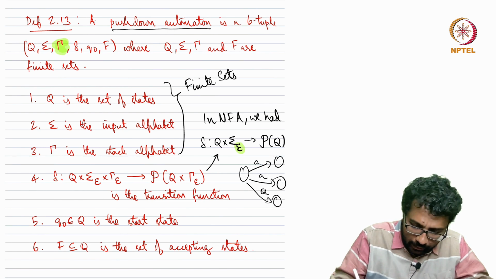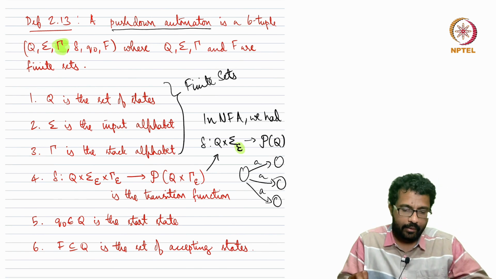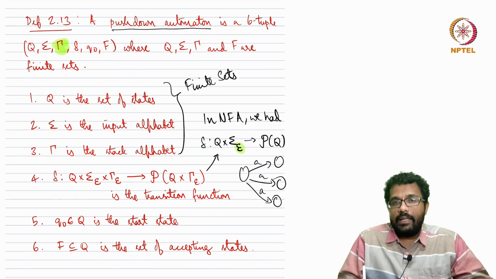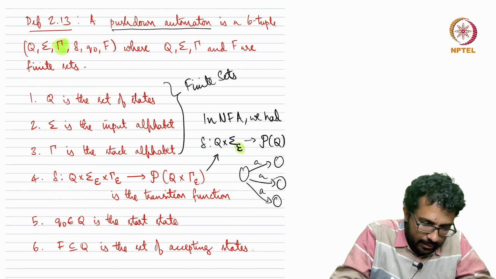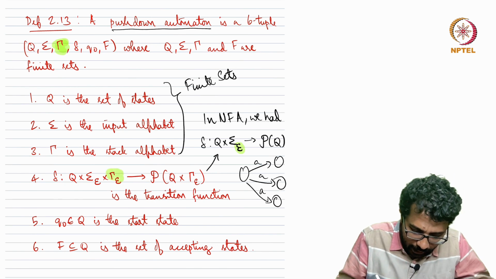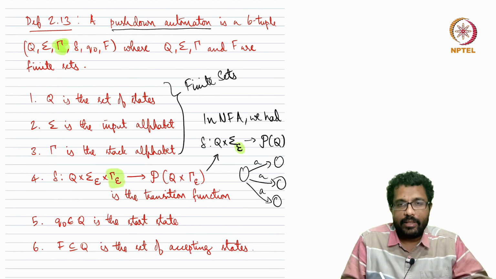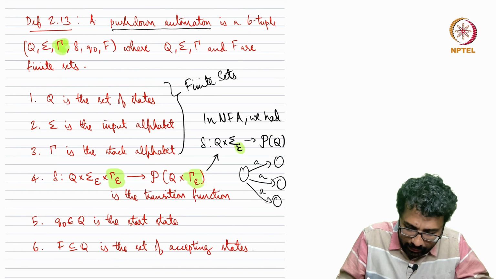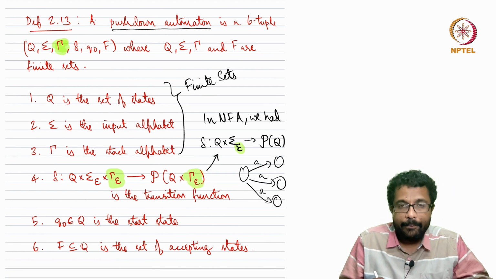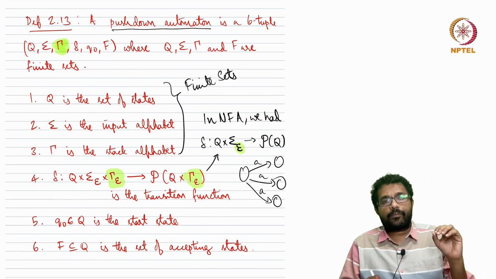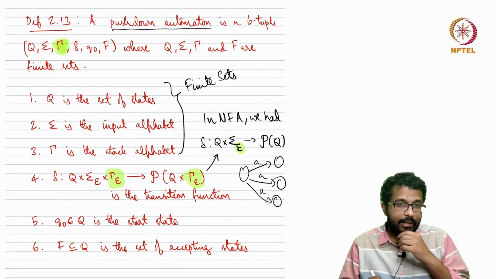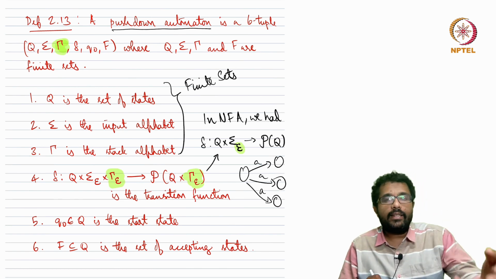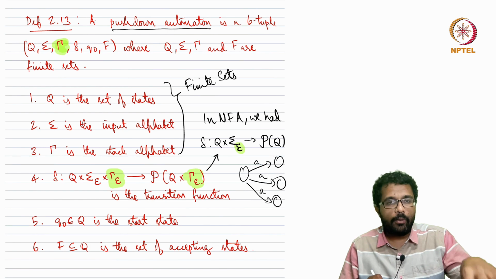This is the case of NFA. In the case of PDA, the difference is this gamma here, gamma subscript epsilon, and also this gamma here. This is where it differs, meaning the PDA could read the symbol on the top of the stack, right.